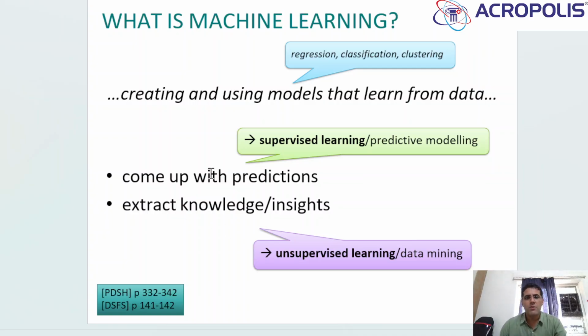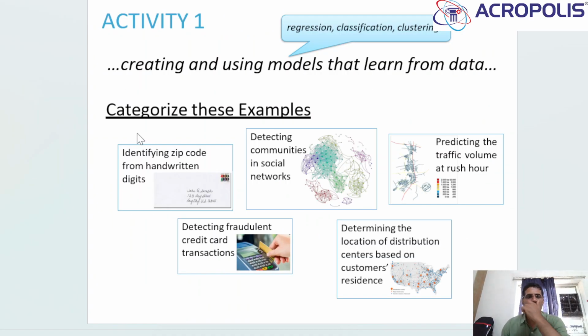When we talk about supervised learning, we come up with predictions. When we talk about unsupervised learning, we are trying to find insights or extract knowledge, which is much more related to data mining, as compared to supervised learning, where our focus is on predictive modeling.